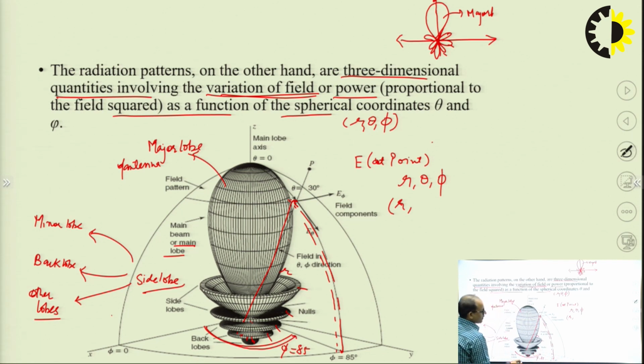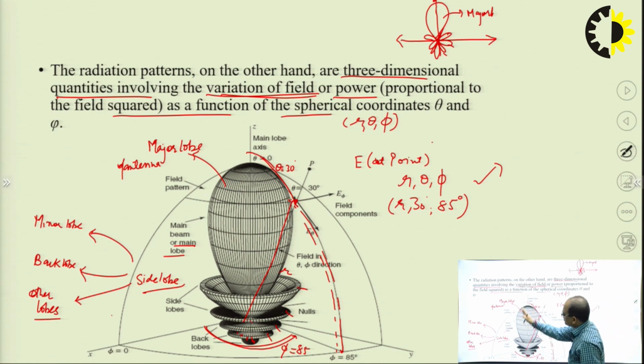So phi will be 85 degree, and theta is the angle between this point P and the positive z-axis. If I say theta is equal to 30 degree, the location of this point will be r from the origin, 30 degree, 85 degree. At this point, I want to calculate the electric field intensity.